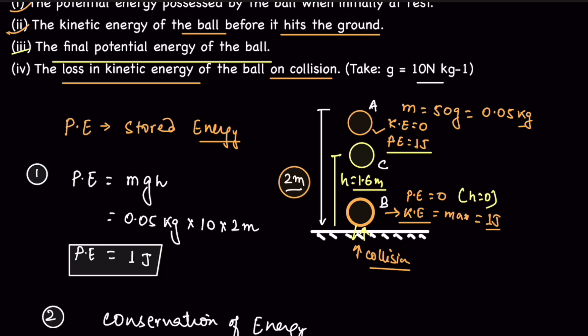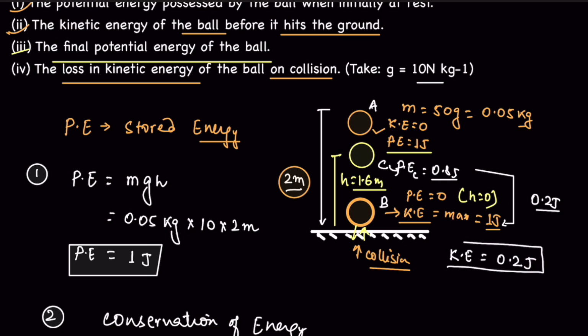And now we know that at point C, the new potential energy is 0.8 joule. So how much loss do we see here? The loss is 0.2 joule. So actually this loss happened when the collision is done. So the loss in kinetic energy is equal to 0.2 joule. So this is the answer for the fourth question.